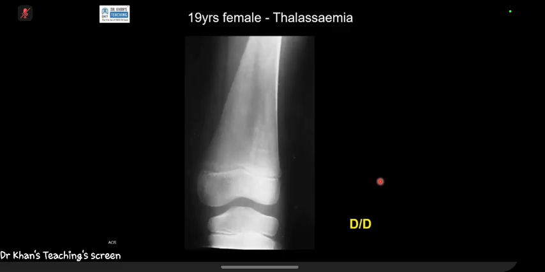I can see expansion of the distal metaphysis with slight sclerotic changes seen in the medullary cavity, associated with thinning out of the cortex.